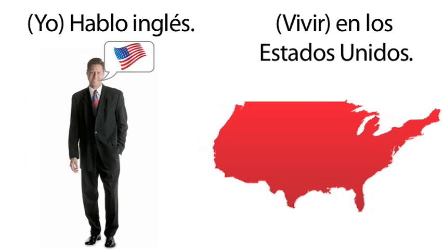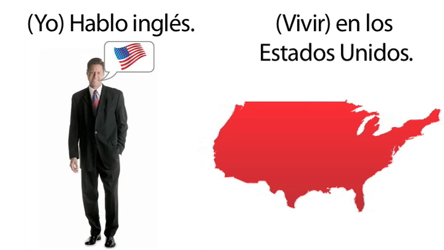Okay, te toca, it's your turn. I'm going to give you the pronoun, the name of a language, and the country that a person lives in. You tell me how to conjugate the verb vivir for the pronoun that I gave you. Por ejemplo, I'll give you yo. For yo, you'll have hablo inglés, vivir in parentheses, this is what I want you to conjugate, and then the name of a country, en los Estados Unidos.